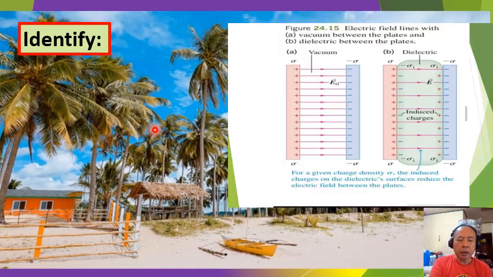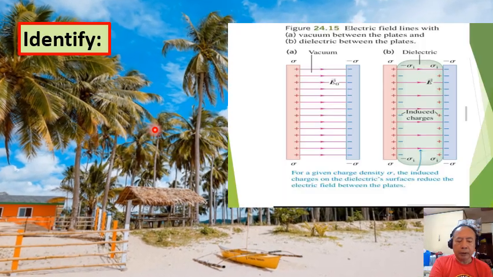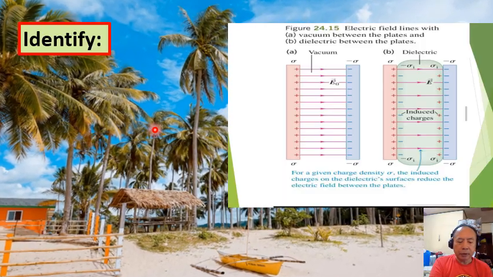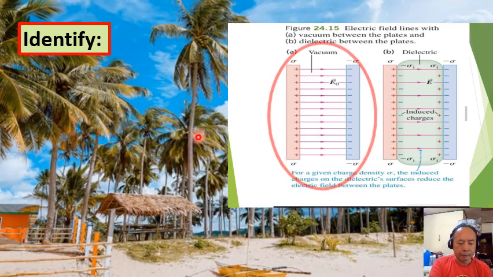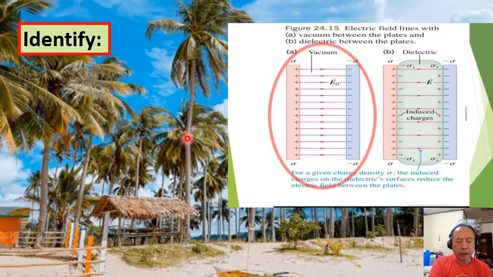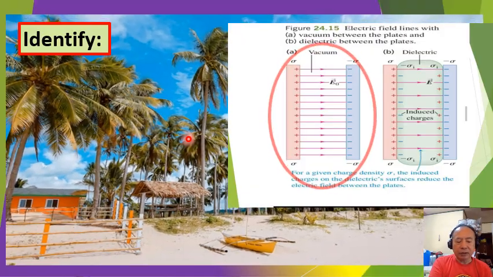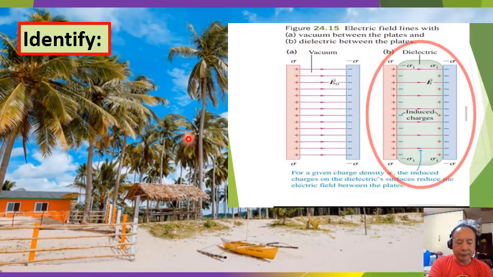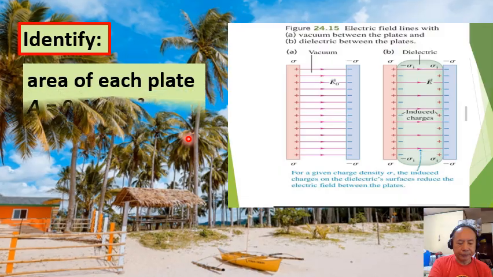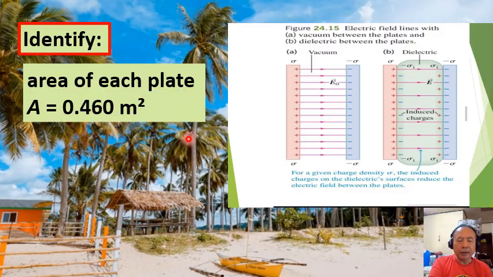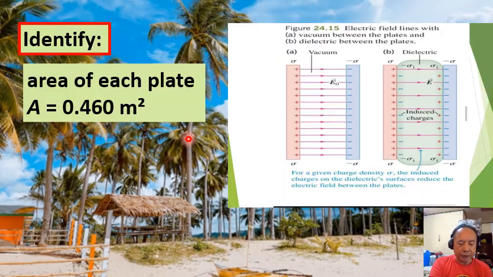In the figure, we have a schematic diagram of a parallel plate capacitor in a vacuum, and when the same capacitor contains a dielectric, each plate of the capacitor has an area, capital A equals 0.460 meters squared.